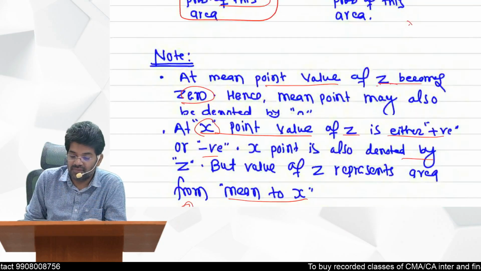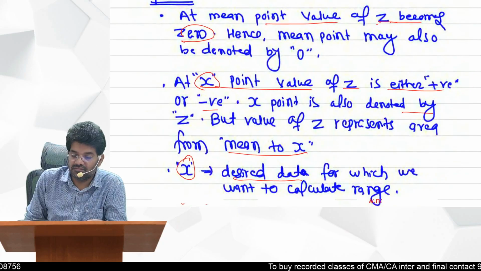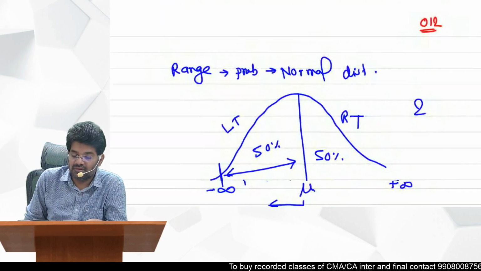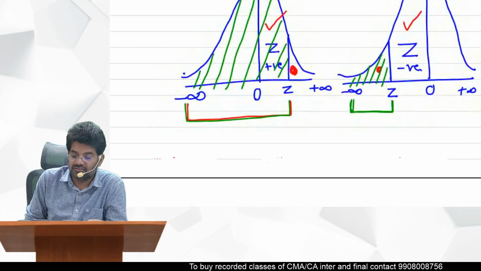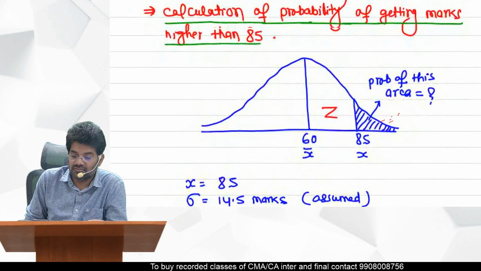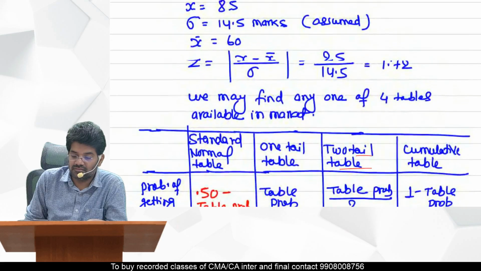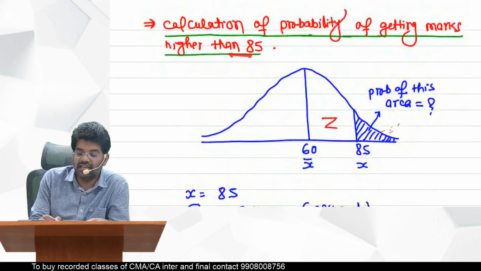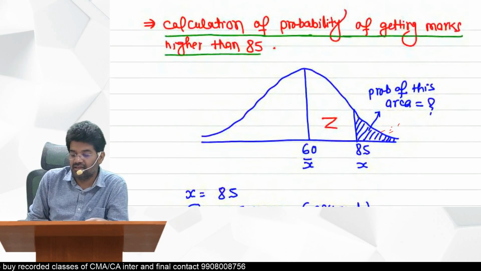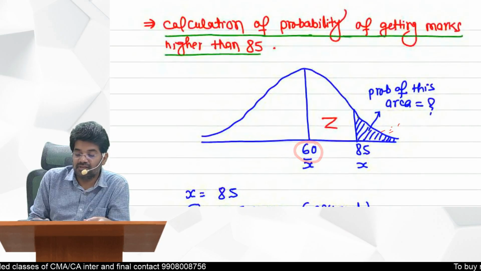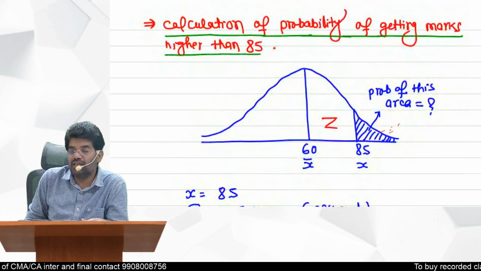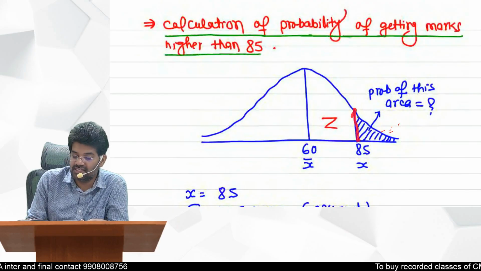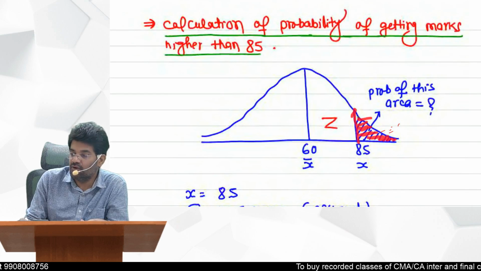Now, if you want to calculate the probability of getting marks higher than 85 in SFM, say the average is 60, you want more than 85. So that means X is 85, and the probability of this area I want.